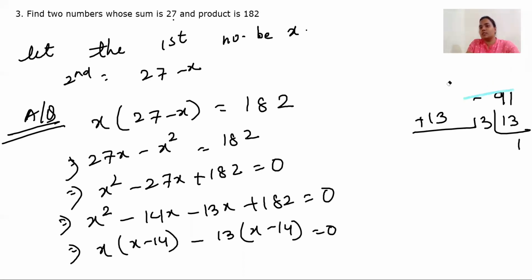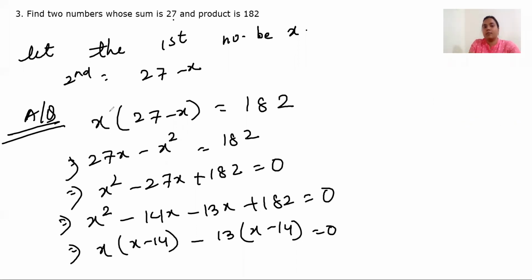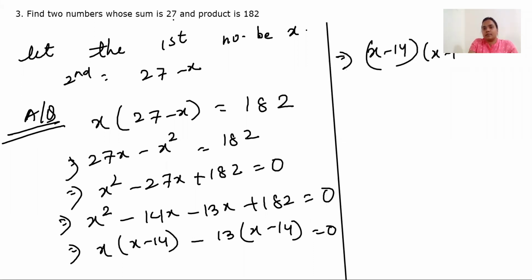You must have noticed one thing till now: whatever factors we are taking, if a is 1 in the equation, then whatever factors we are getting, that is the answer. See, in this also we will get the answer as 14 and 13. So x minus 14, x minus 13 is equal to 0.